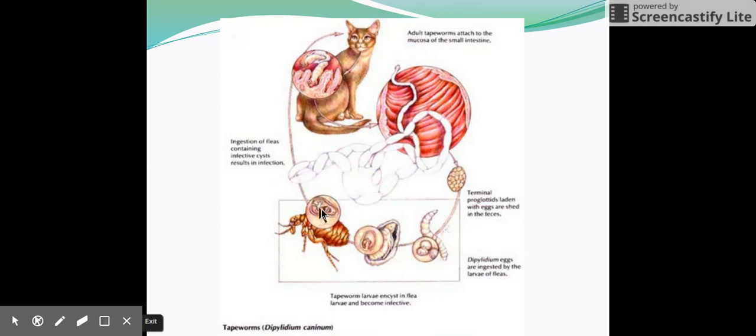They eat the eggs for nutrition. But instead of them actually being digested, they just grow inside of the flea. And when the cat is grooming itself and eats these fleas, then it re-ingests all of those little larvae tapeworms, and it gets another infection of Diplodium caninum.